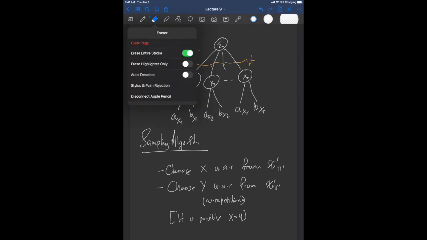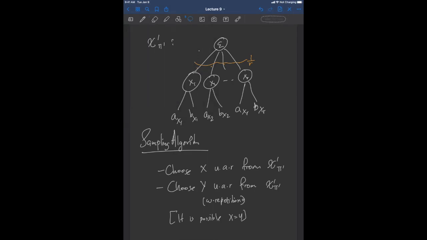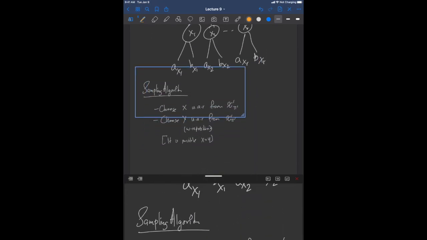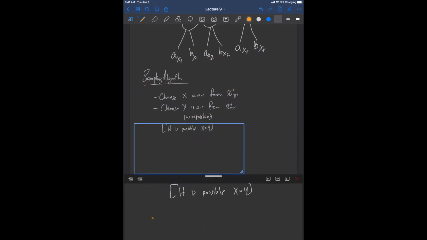So let me do this shrinking trick so that I can complete the sampling algorithm. And now what are we going to do? Give Alice x comma ax.